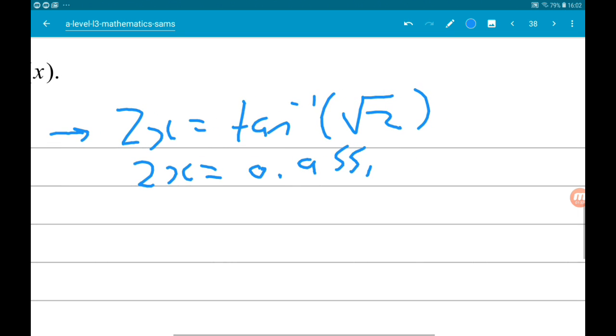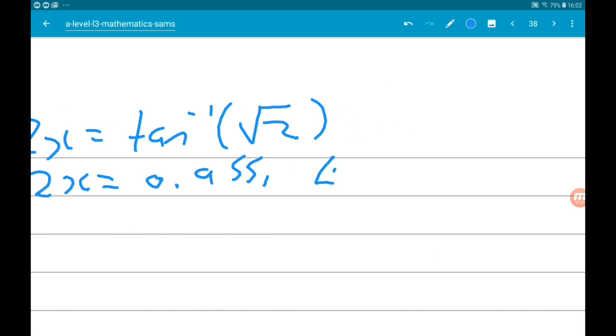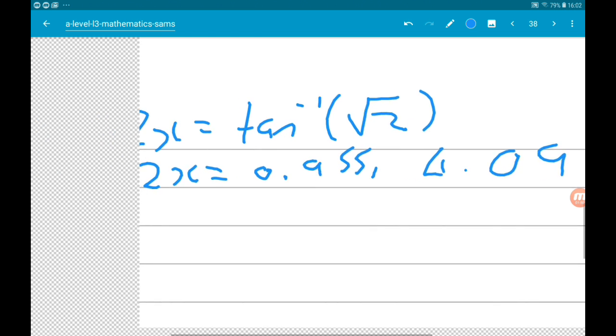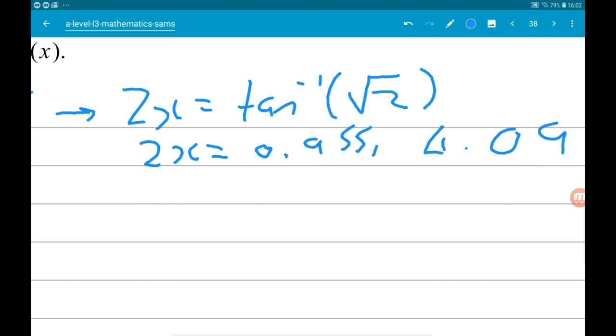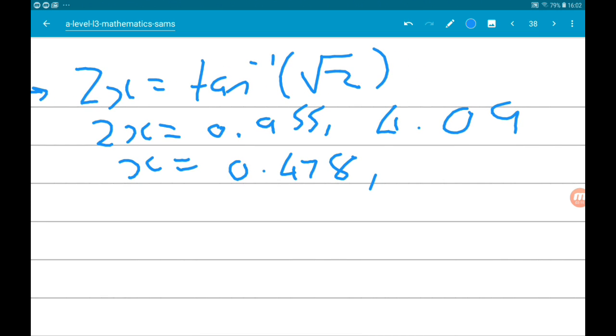And to get the next one for 2x, we add pi because the period of tan is pi. So we also get 4.09. Now that means then that x is 0.478 and 2.05.